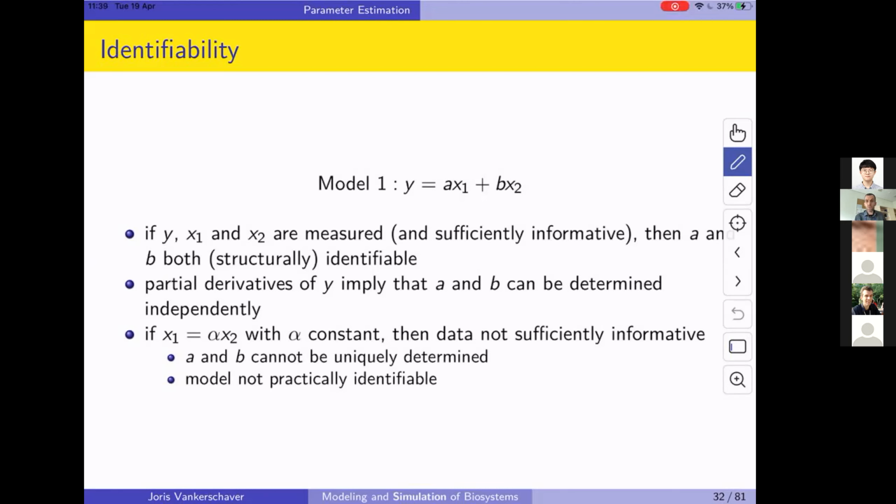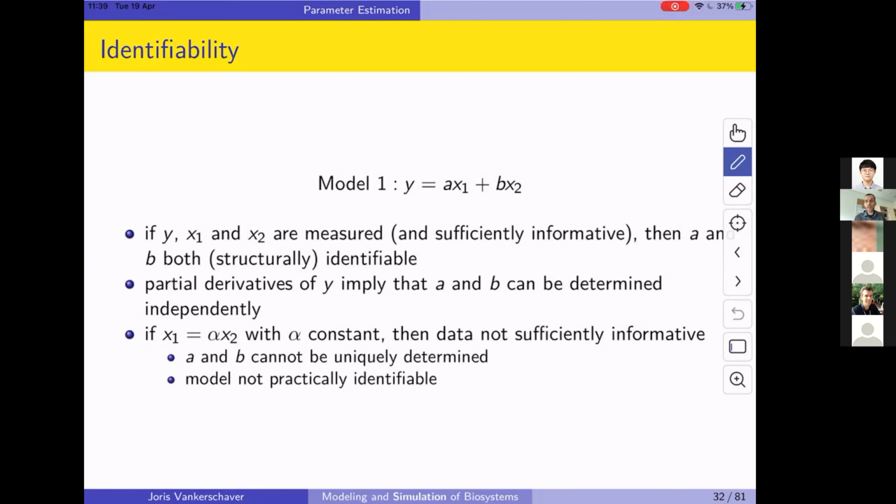So for instance, if I have two parameters, if I have more than two observations for x1, x2, and y, then I get a system of linear equations for this model, and I can find a and b. So this model is structurally identifiable in the sense that given enough data, I can find the parameters.